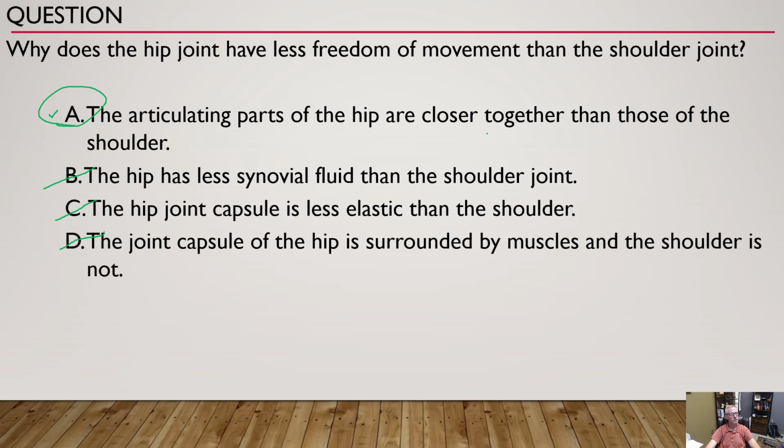The articulating parts of the hip are closer together than those of the shoulder. What I was getting ready to say is that the degree of movement is dictated by how many muscles and ligaments and tendons are surrounding the joint capsule.